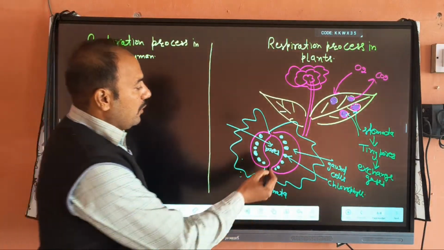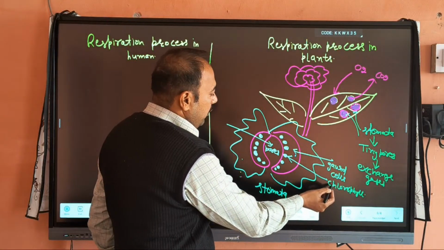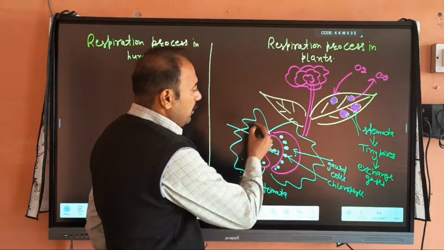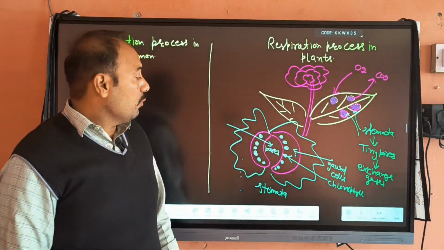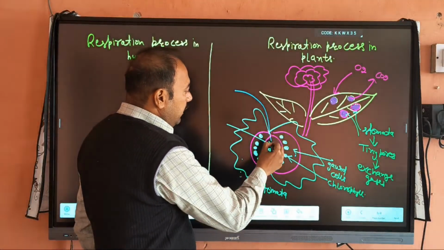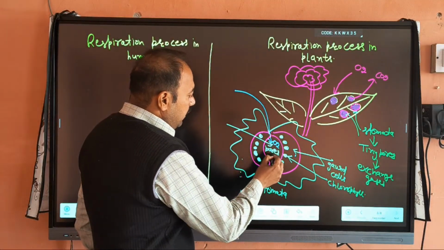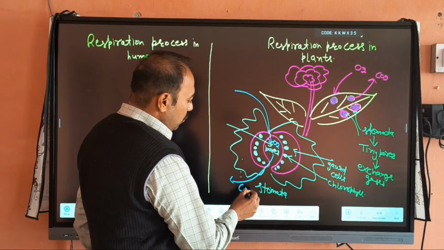So this structure, which contains guard cells, chlorophyll and pores, is known as the stomata. Here they take O2, and they also remove CO2.